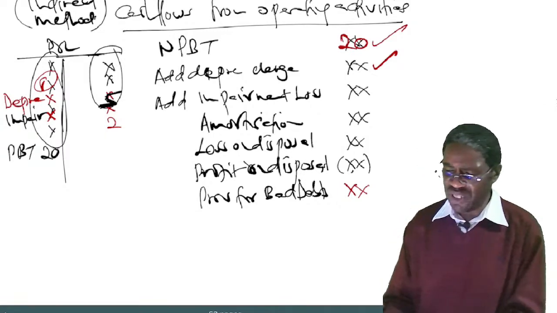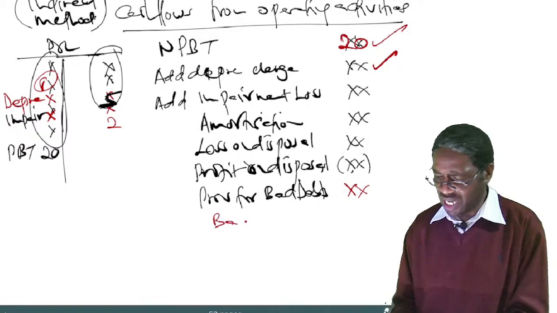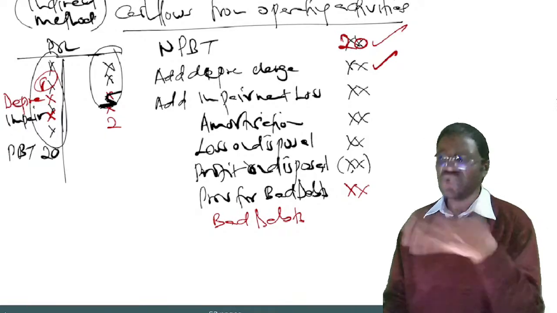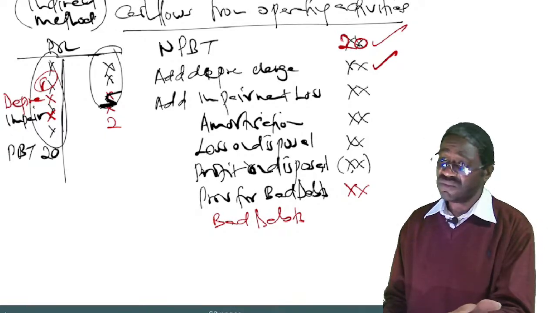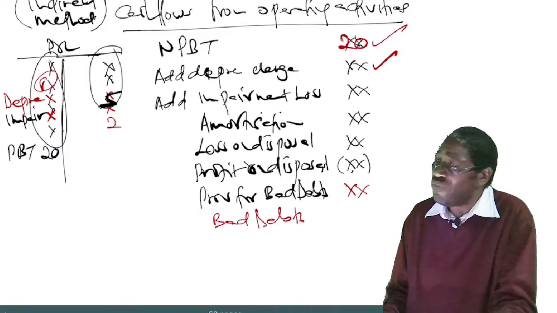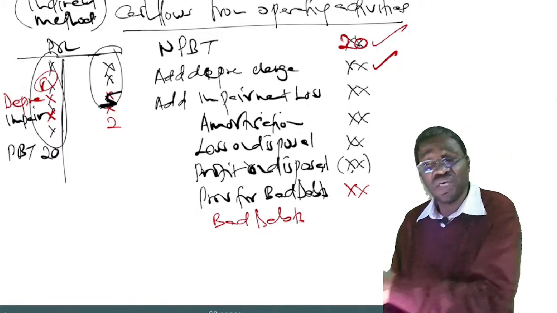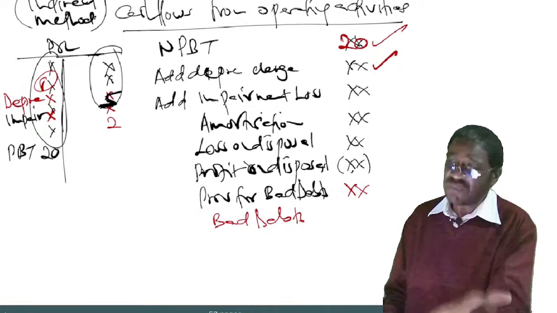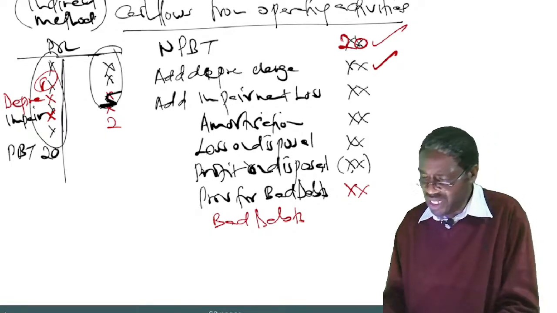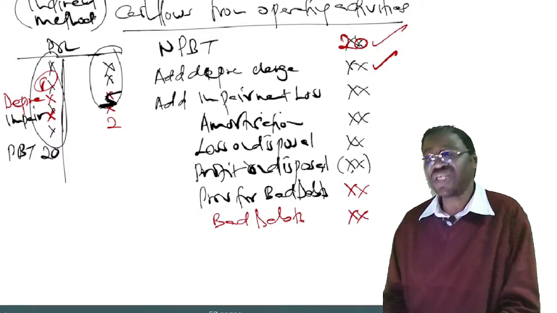Even bad debts, by the way, they are non-cash items. When you write off a bad debtor, did you pay that amount? No. When you write off a bad debtor, you just credit debtors and you debit bad debts. That bad debts goes to the P&L account. It's not something you paid. It's a non-cash item. Come and add.